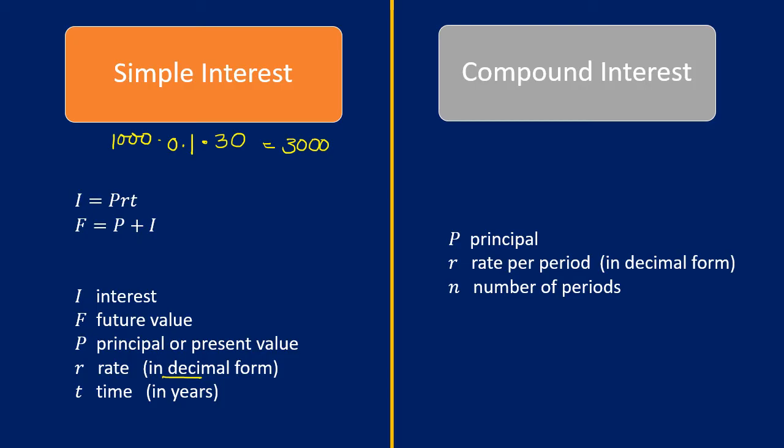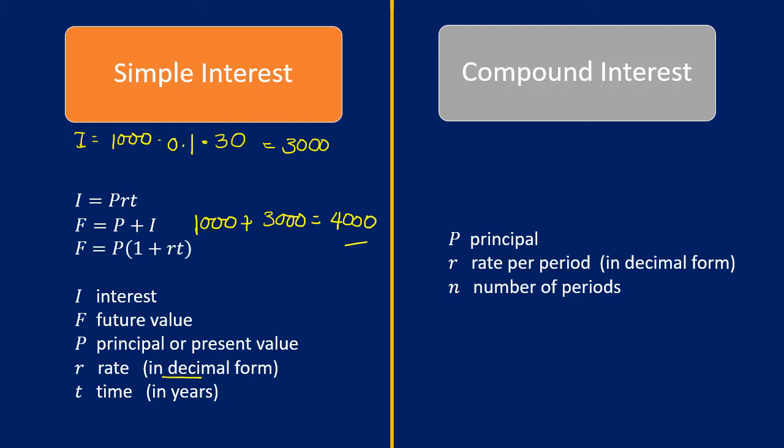That's equal, of course, to your principal plus interest. So in our previous example, our principal amount was 1,000 and our interest was 3,000. So in our Excel file, our money will be equal to 4,000 at the end of 30 years.